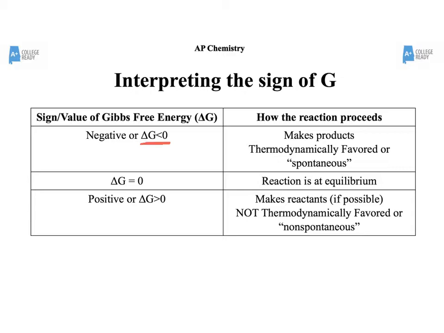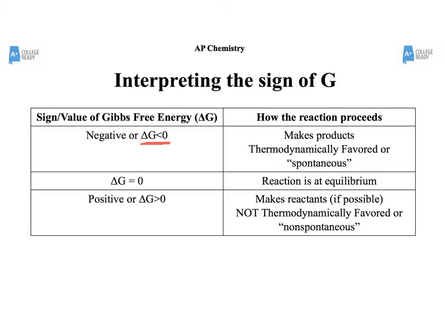That means the reaction is thermodynamically favored or quote-unquote spontaneous. If you have a positive delta G, or delta G is greater than 0, then this reaction isn't necessarily going to produce products. It's more likely to make reactants go in the reverse direction, if that's even possible, which means it's not thermodynamically favored under the conditions you are talking about.